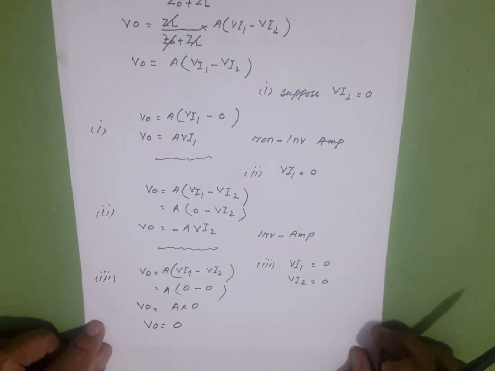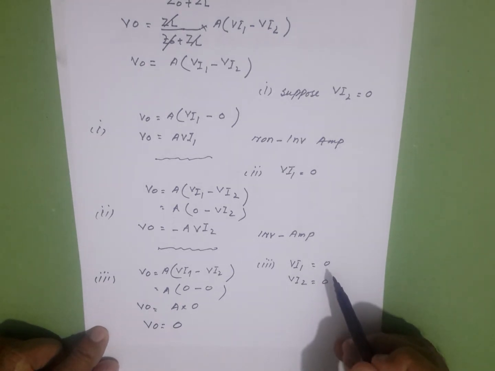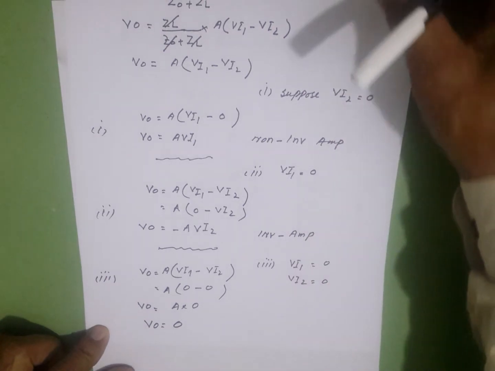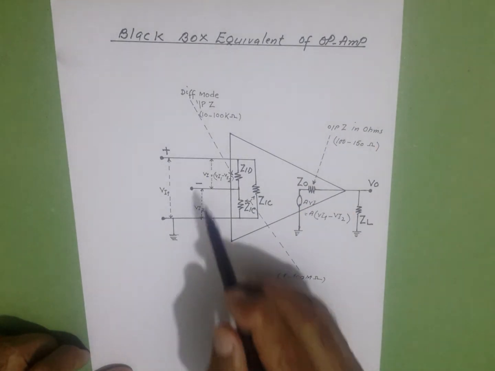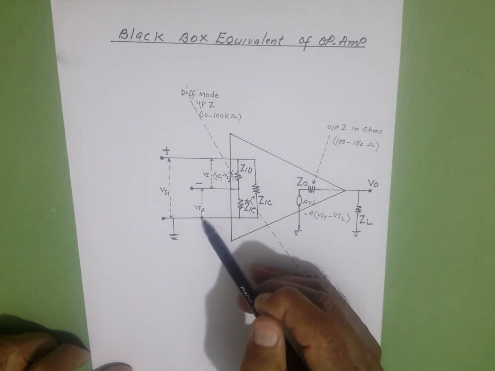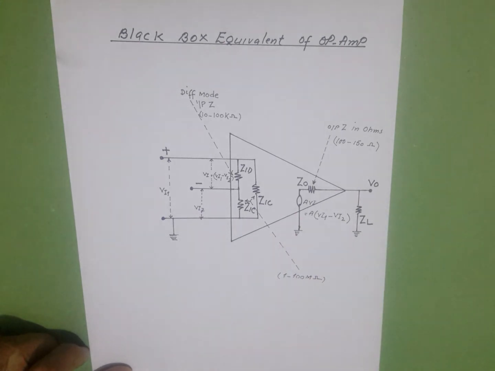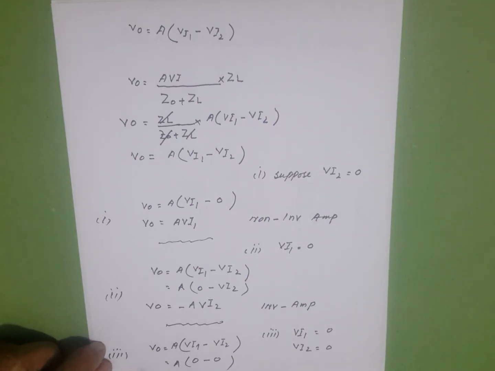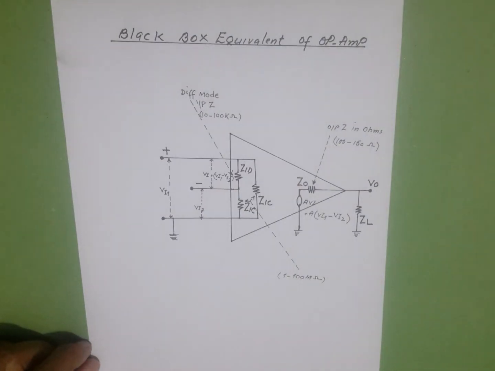V naught becomes 0. This is the important case. See that when both inputs are 0, V naught is 0. Mathematically this is true. The equation says that when both inputs are 0, the output should be 0. But in practice, we do not get 0 voltage.